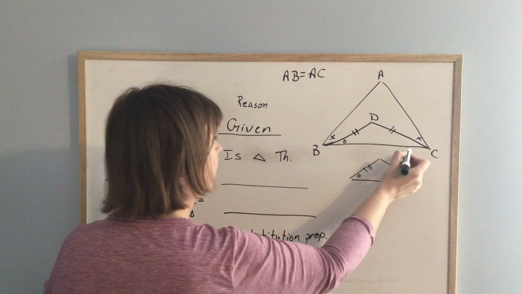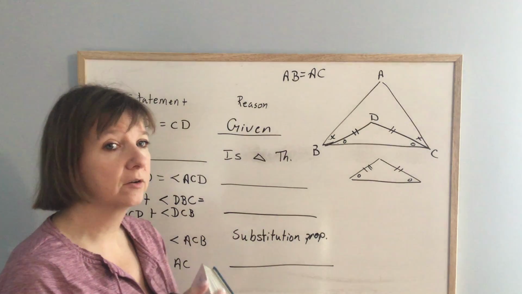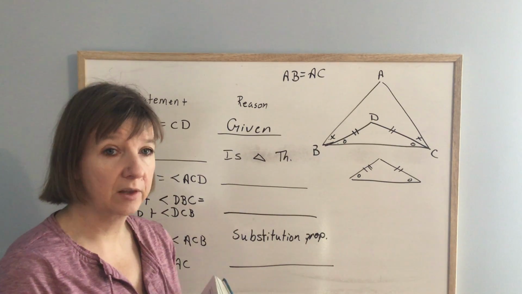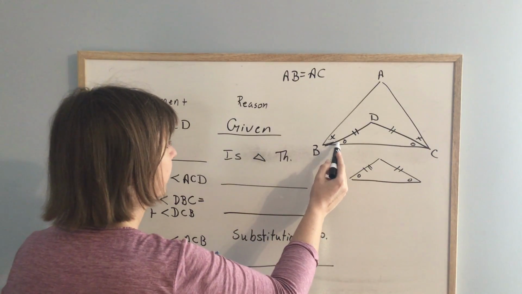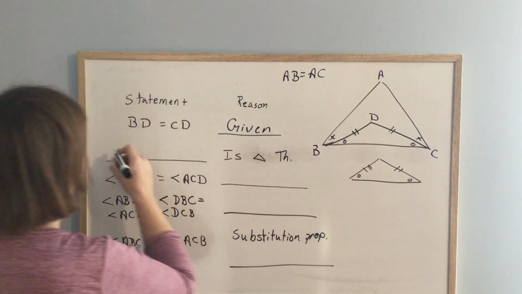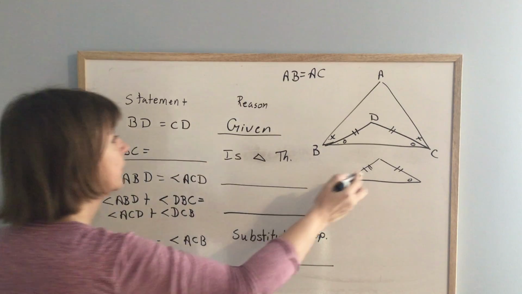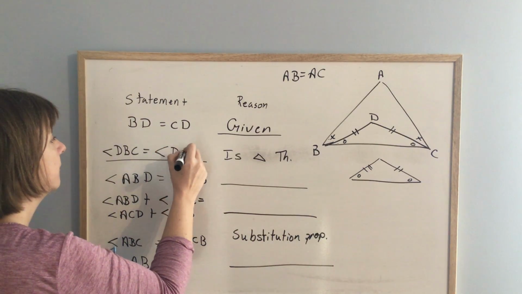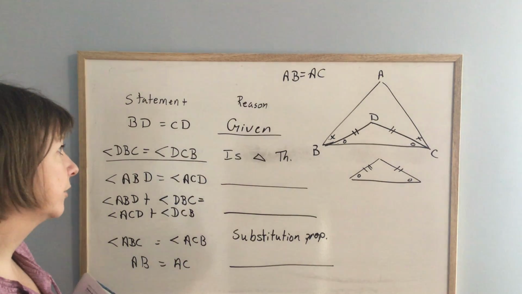In other words, this one and this one would have to be the same, because the isosceles triangle theorem says if two opposite sides are equal, then the opposite angles are also equal. So again, I can't just say that that's angle B, it's actually DBC. So angle DBC is equal to angle DCB. And that's the isosceles triangle theorem.